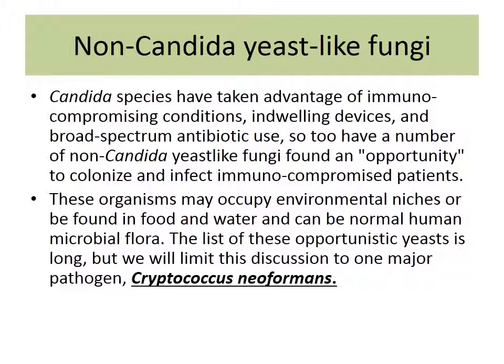So Cryptococcus neoformans has occupied different niches, especially in food and water. And we know for our information of normal commensals that they are a part of the normal human microbial flora as well. So let's take Cryptococcus neoformans in detail.